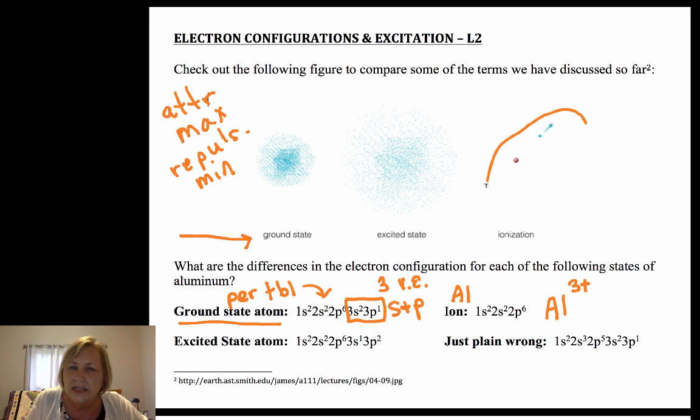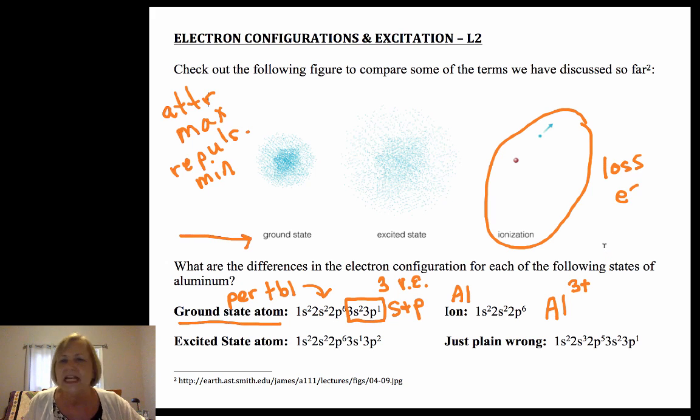That's what happens during ionization, loss of electrons. They are ionized. They are no longer attracted to the nucleus. They've been transferred someplace else, likely another element, like a non-metal. And that would form the aluminum ion when it's ionized.